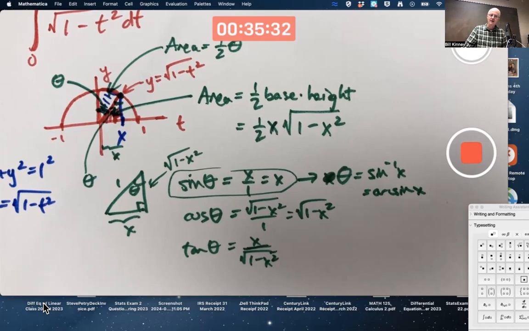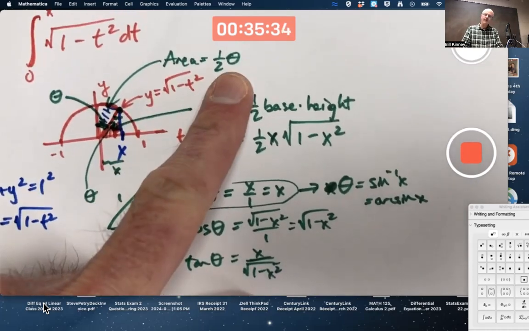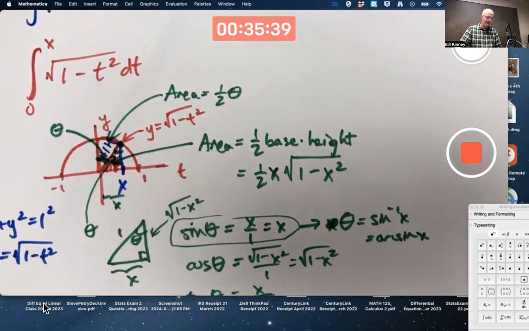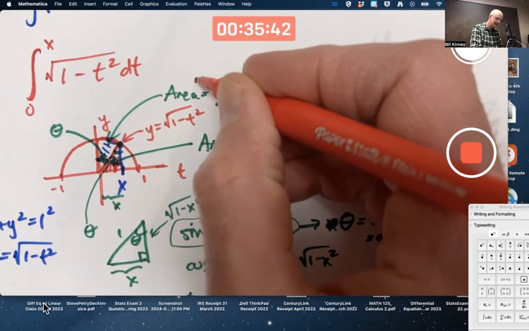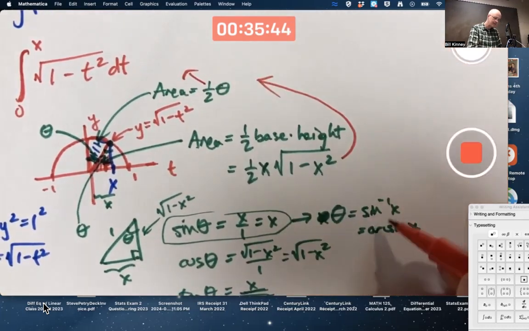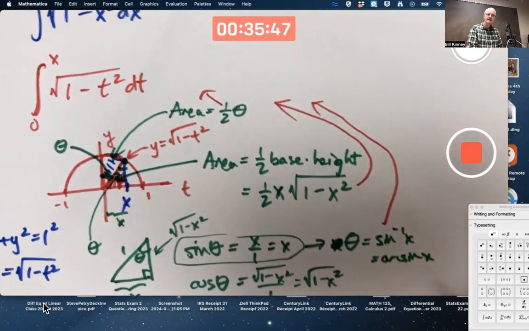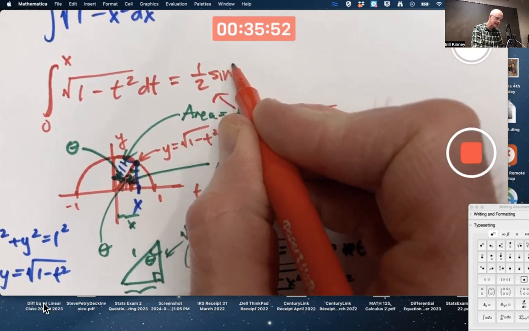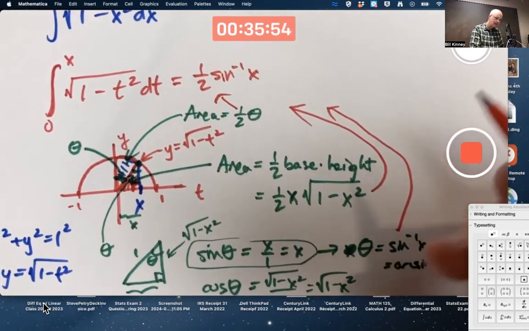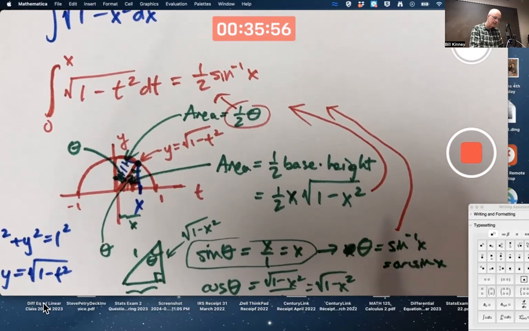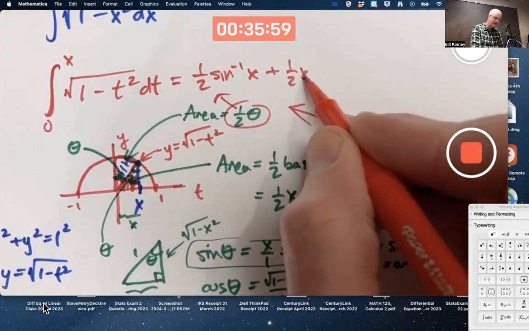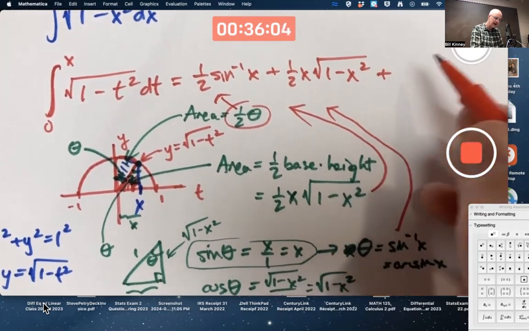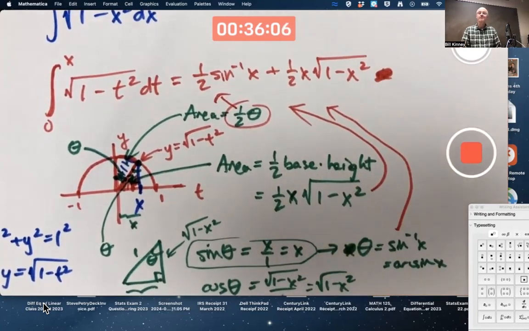That's theta. So plug it in there for the area of that sector. Multiply it by 1/2. In other words, combine these things to say this integral equals 1/2 inverse sine x from this plus 1/2 x square root of 1 minus x squared plus c, no, not plus c, excuse me.